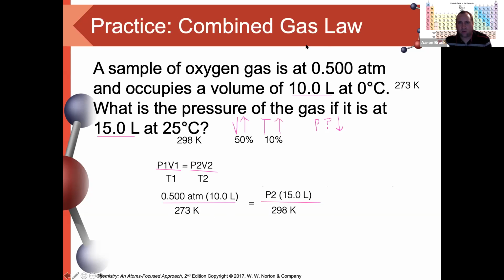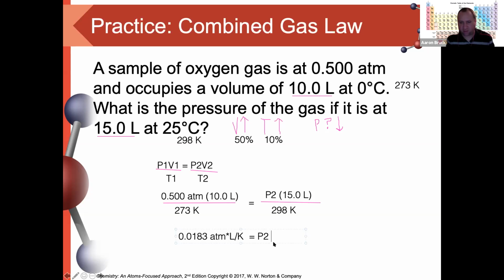And so if I put all of this together and I start working out the sides of the equation, 0.5 times 10 divided by 273, I would get 0.0183 atmospheres times liters over Kelvin.